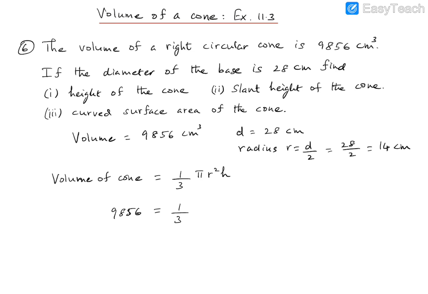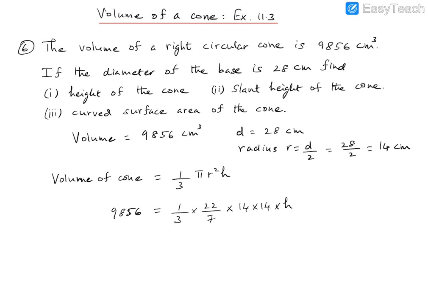Pi is 22 by 7, so we'll write 22 upon 7 into r square. We have the value of the radius as 14 centimeters, so it will be 14 into 14 for r square, into the height h, which is the unknown quantity with unknown value that we have to calculate.